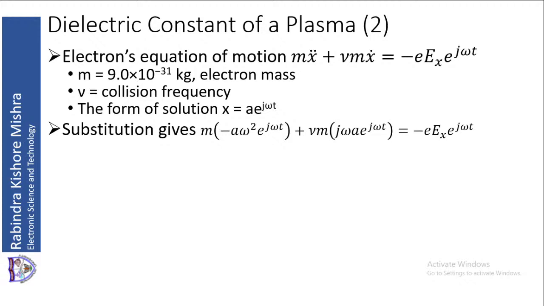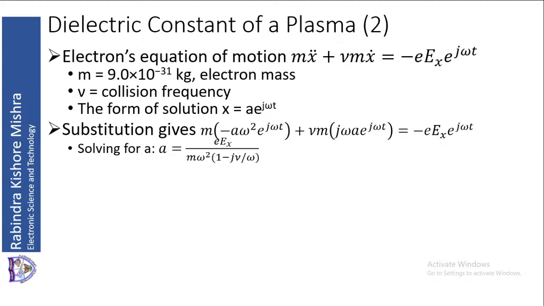If we put those values, the equation of motion gives us m into minus A omega square exponential j omega t plus nu m into j omega A exponential j omega t is equal to the total force, which is minus e into Ex into exponential j omega t. From both sides, let us cancel out exponential j omega t.